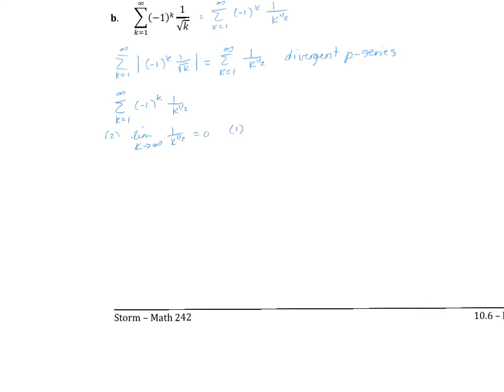And the other condition for alternating series is, is it non-increasing? Well, when k is equal to 1, I'm at 1, and then I go to 1 over the square root of 2, square root of 3, square root of 4, and so on. So it's clearly non-increasing.